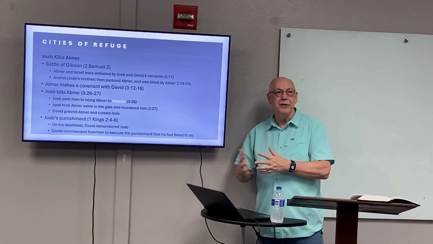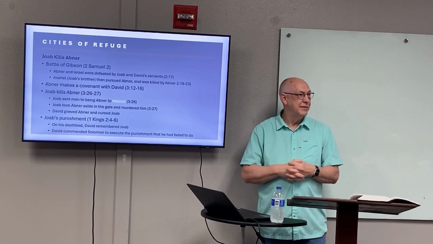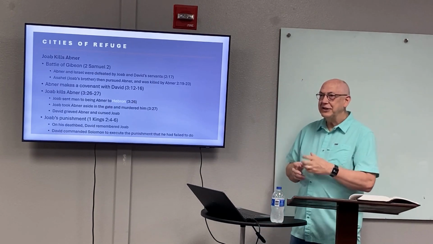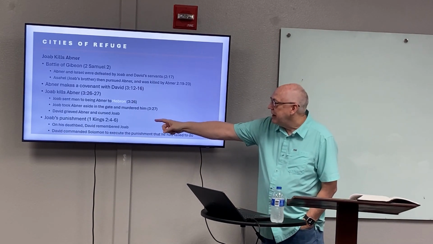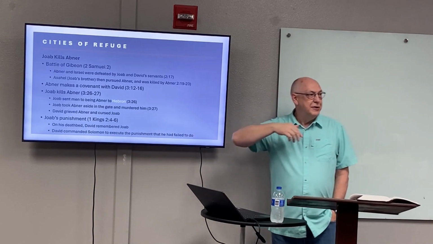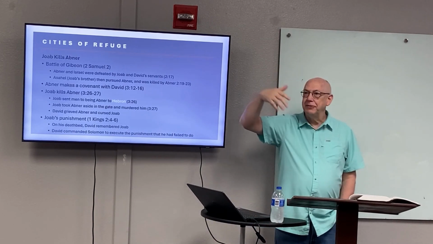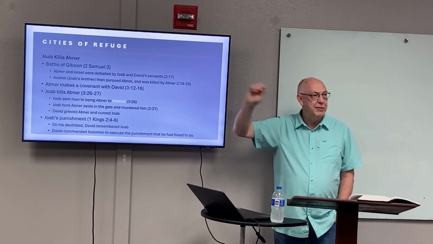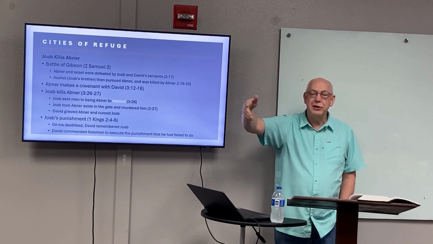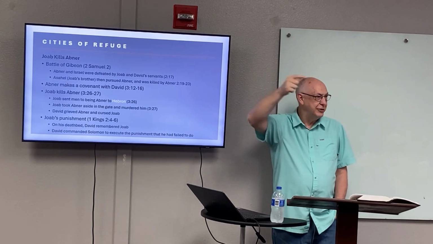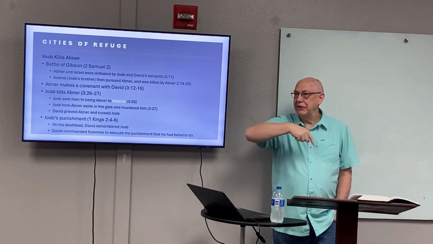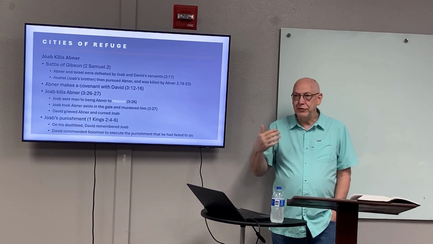How do you think Joab feels at this point? Angry. He's still harboring a grudge. He's a little bit ticked off, yeah. So Joab sent men, he's still the leader of the army, to find Abner and say, come back to Hebron, the refuge city.